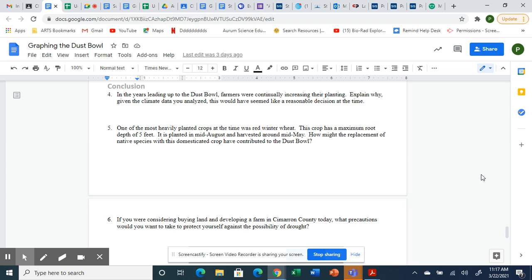Explain why they would have done this, especially based on the climate data. This would seem like a reasonable decision at the time. So, the big reason they kept increasing their planting.